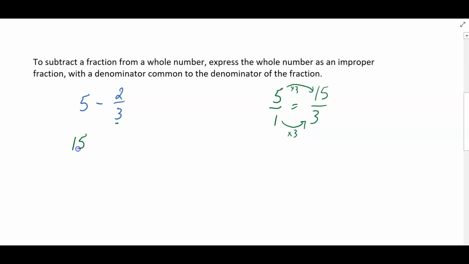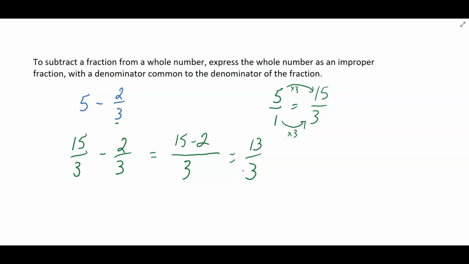So 15 thirds, subtract 2 thirds. Now we just subtract the numerators. 15, subtract 2, leave it in thirds. 13 thirds. Just as a practice also, convert this to a mixed fraction. Remember, you will ask yourself, how many times does 3 go into 13?